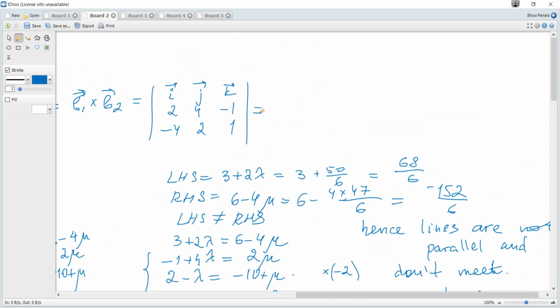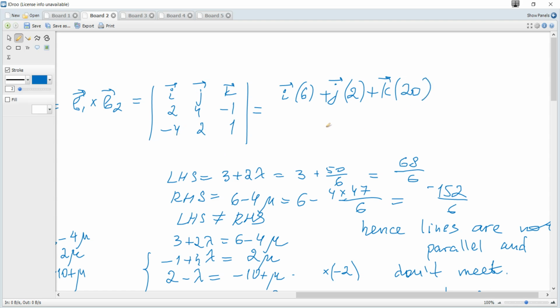Then it becomes plus i times the 2 by 2 determinant, 4 minus negative 2, it's 6, minus j times 2 minus 4, it's negative 2, or plus 2, and plus k, and this determinant is 4 plus 4 minus negative 16, it's 20.